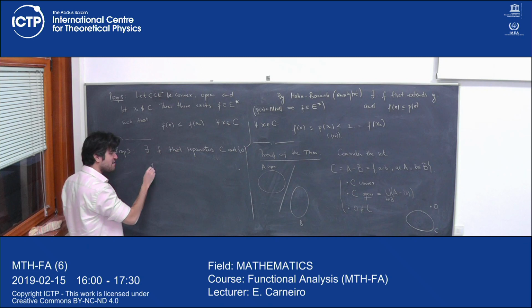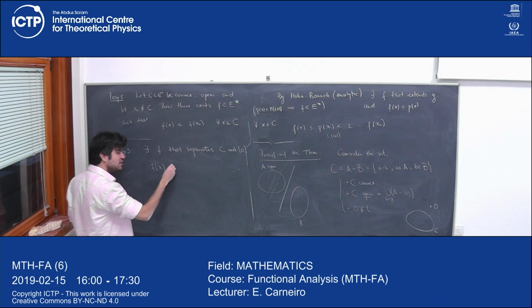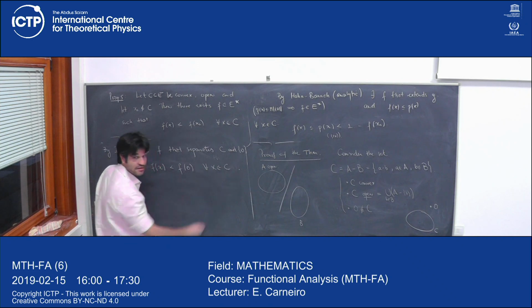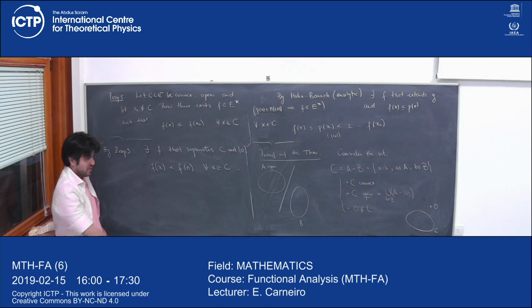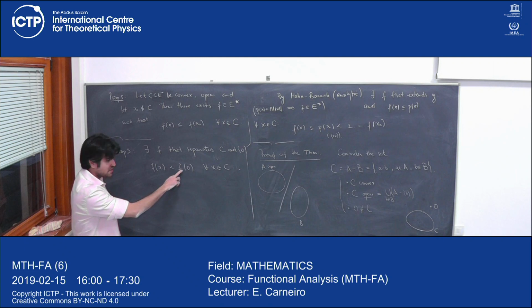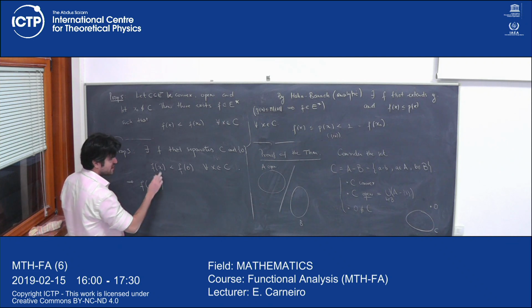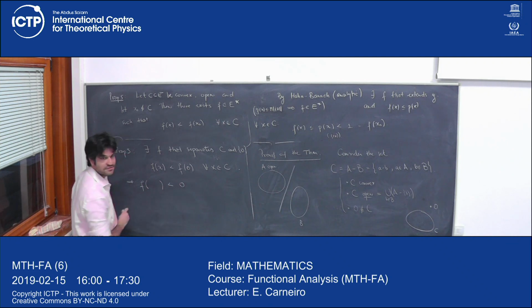In other words, f of x is less than f of 0 for any x in C. Well, but if f is a linear functional, how much is f of 0? It has to be 0, right? This means that f of x is less than 0.